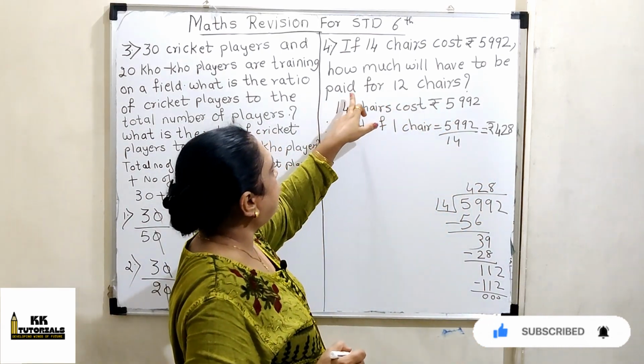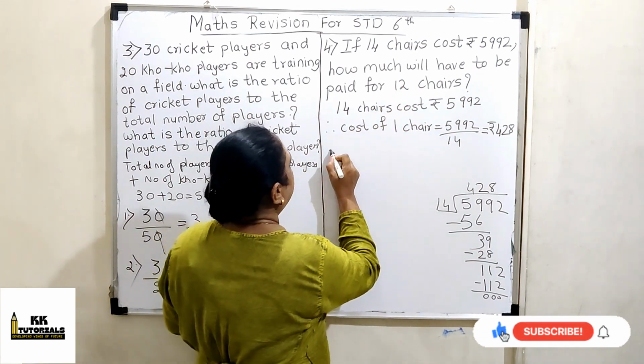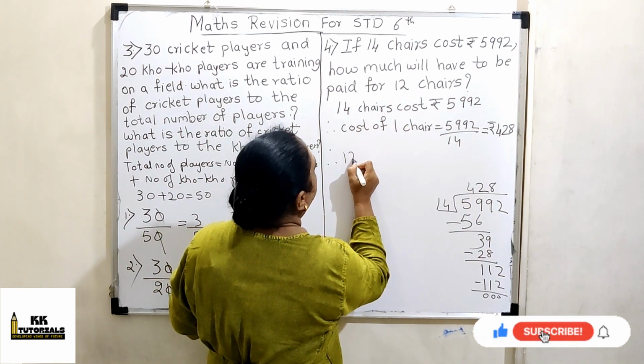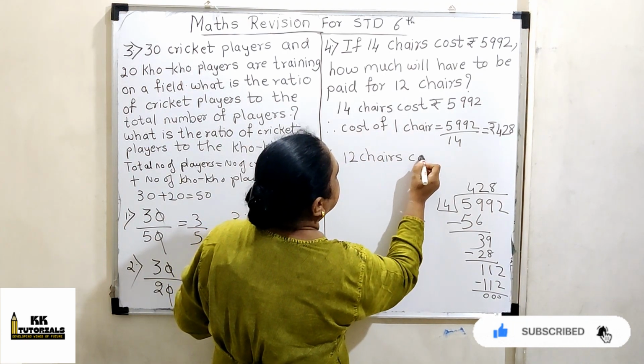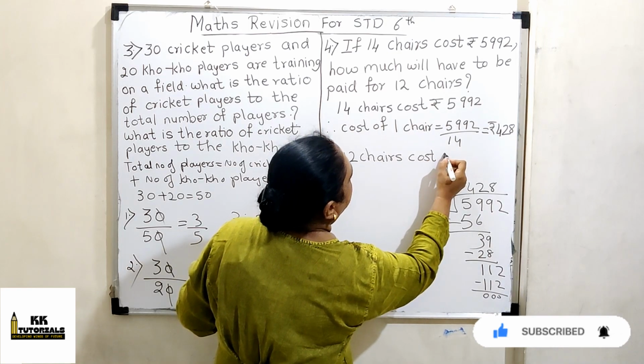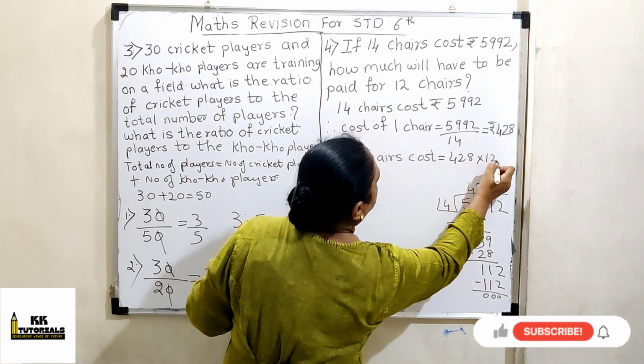Now we have to find out the cost of 12 chairs. Therefore, 12 chairs cost 428 multiplied by 12.